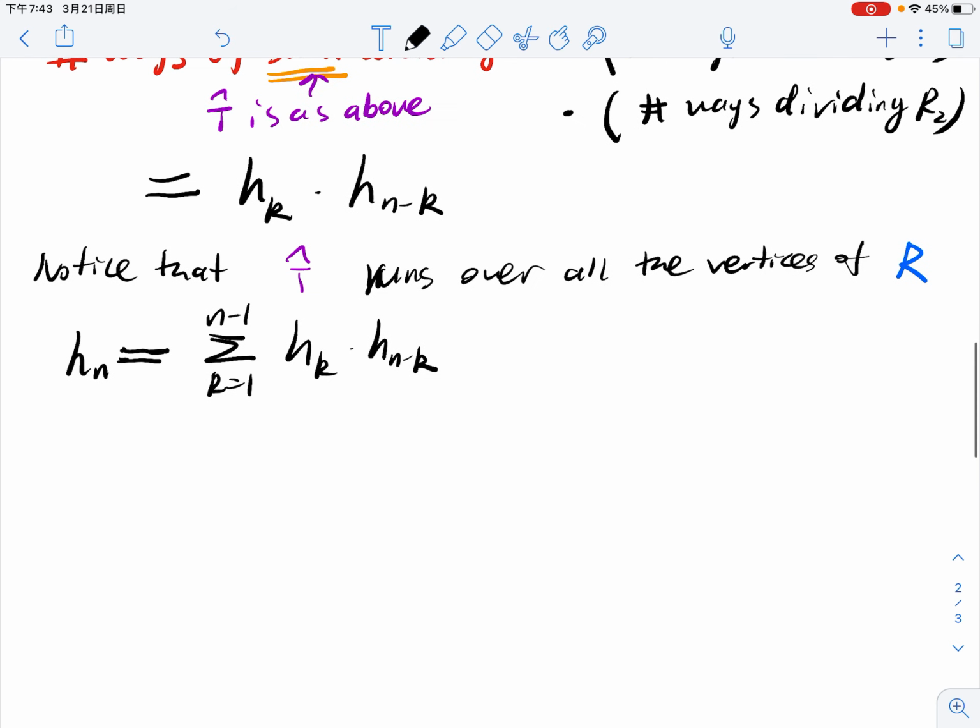We don't have h0. K cannot be taken as 0 or n because otherwise one of the factors is 0.